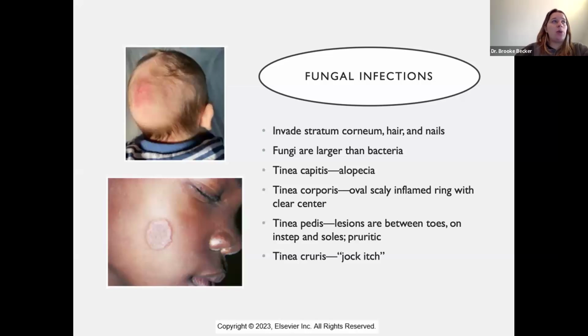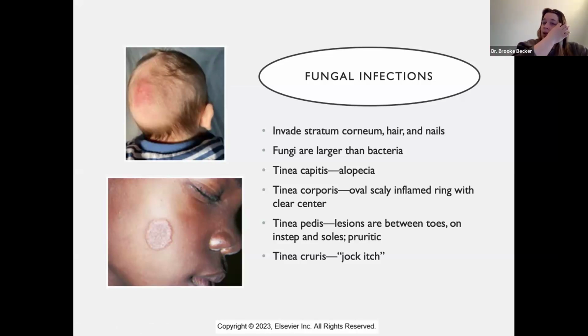Fungal infections. So tinea, right? We've heard of tinea, like ringworm, right? So tinea corporis is ringworm that happens on the body. Okay. And it's going to be circular, and then they'll have kind of a clearing in the middle of that circle.